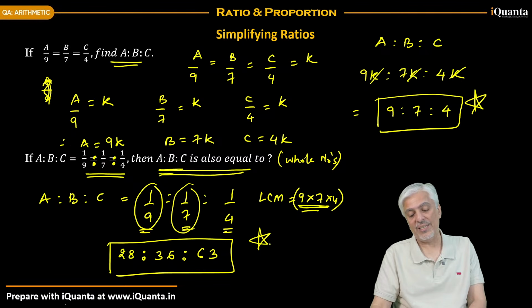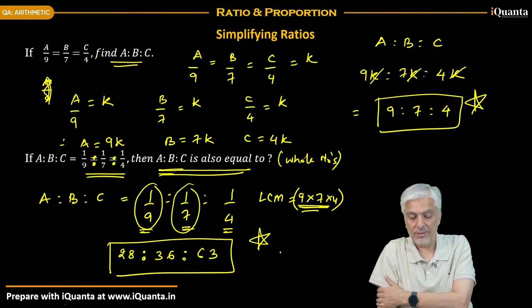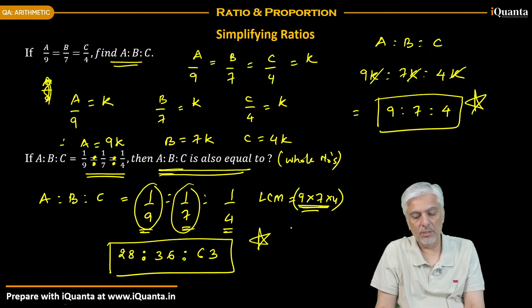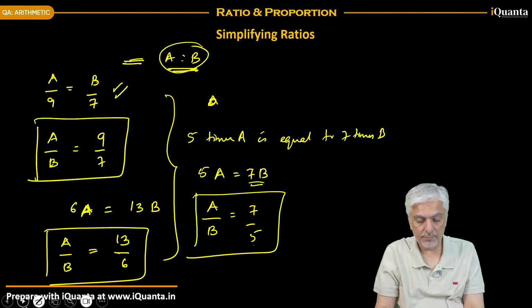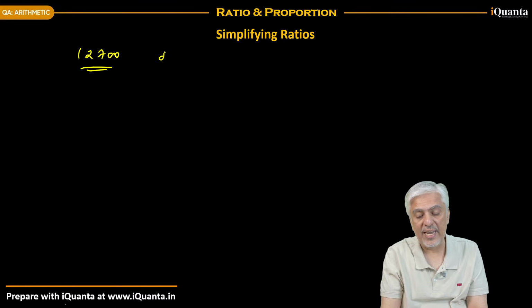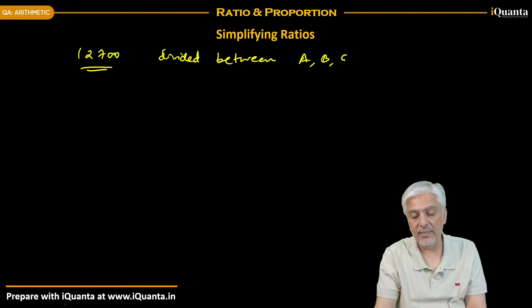Because if I give you a question like this, okay, just making up a sum. 12,700 rupees to be divided between A, B, C in the ratio 1 by 9 is to 1 by 7 is to 1 by 4.